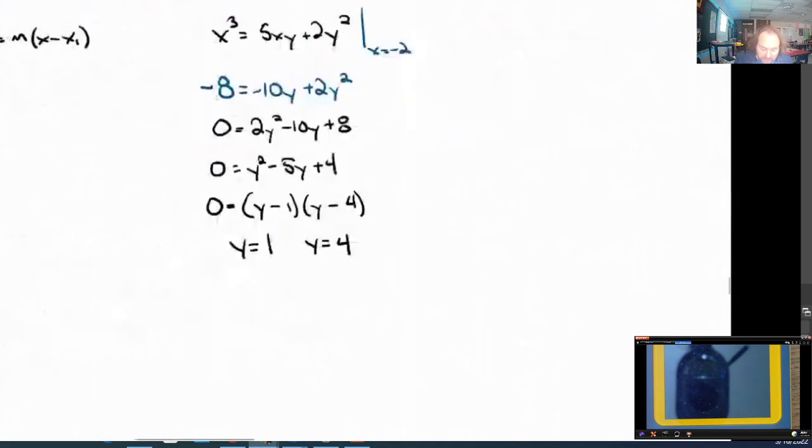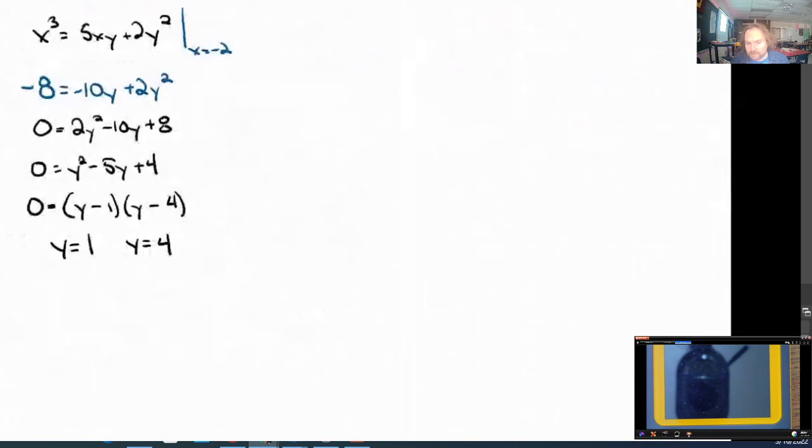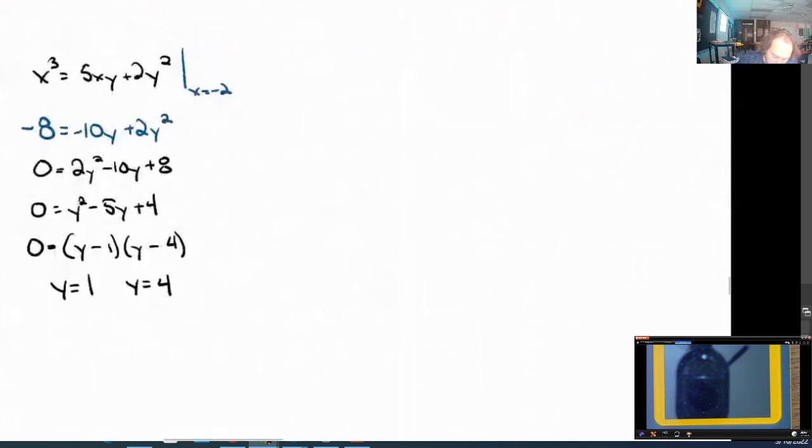The other part is we need to figure out slopes. We haven't even started talking about derivatives yet. So let's go to the derivative zone. We're going to need to do an implicit derivative here because we have dy dx's involved. So we're going to have 3x squared. We have a product rule in this problem.